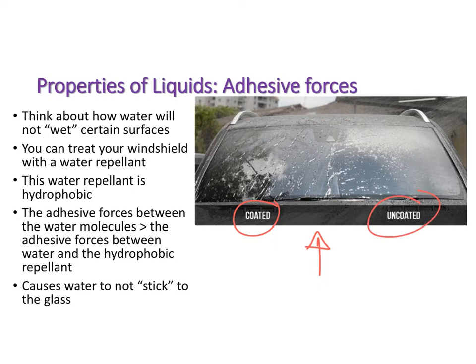And you can see how the water sticks to one of them better, and that is the uncoated. That has to do with the adhesive forces between the water molecules being greater than the adhesive forces between the water and the hydrophobic repellent. So water would rather stick to itself in comparison to the hydrophobic coated glass.